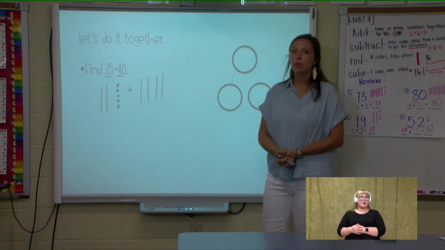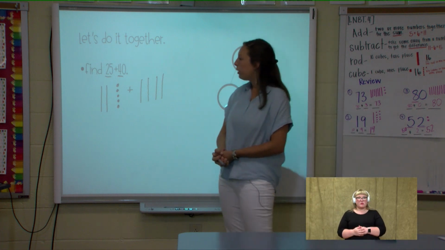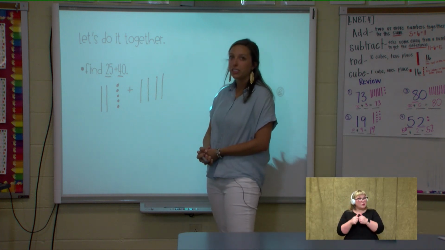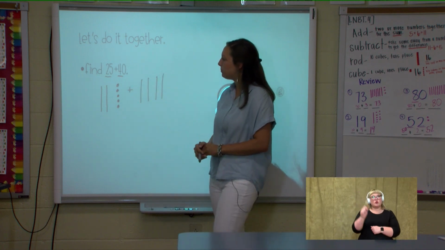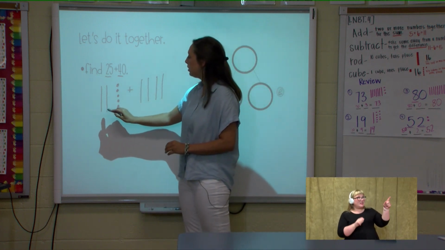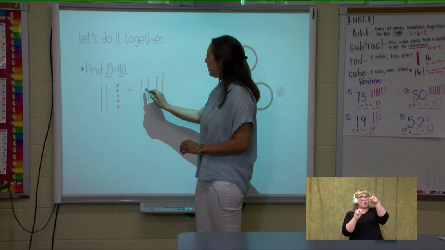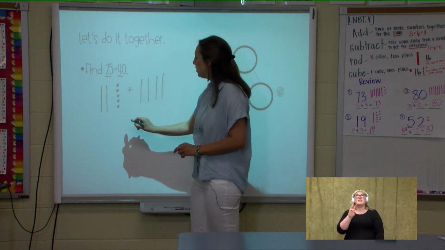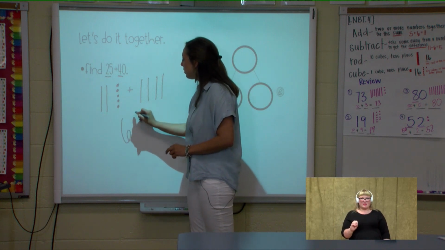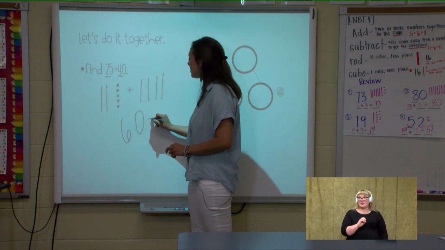But we're not done. We've got to get our answer. Remember, you're going to count your tens first. And we count each rod by 10. 10, 20, 30, 40, 50, 60. We have 6 rods, which gives us 60.